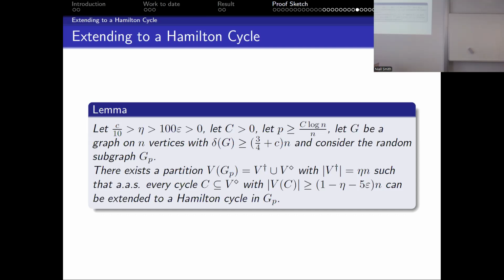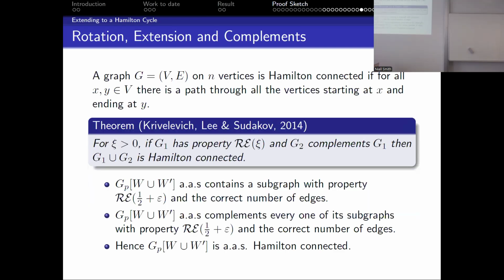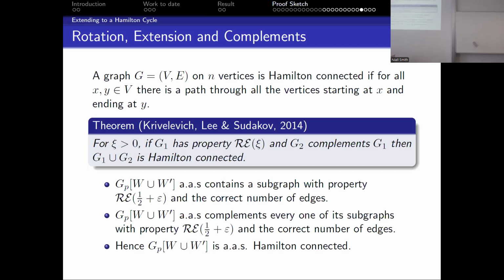The tools we use are essentially Pósa's rotation extension technique. However, we lifted the techniques from the paper of Krivelevich and Sudakov, and we were able to put it through as it was.